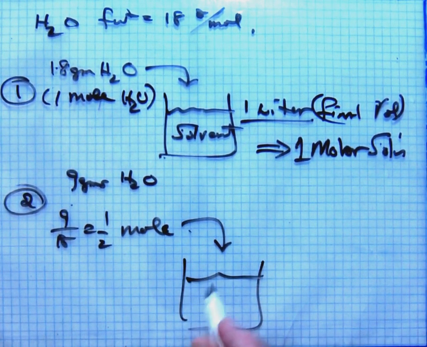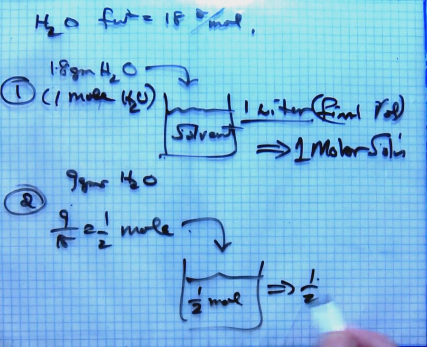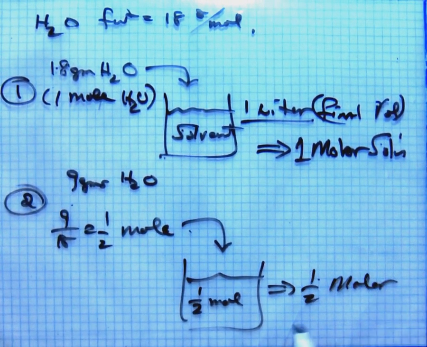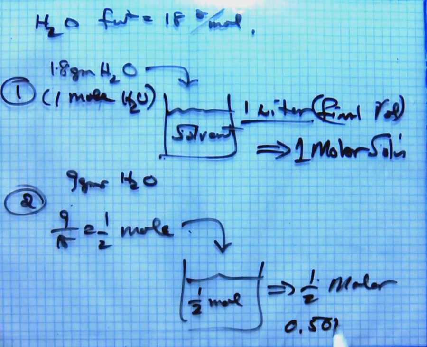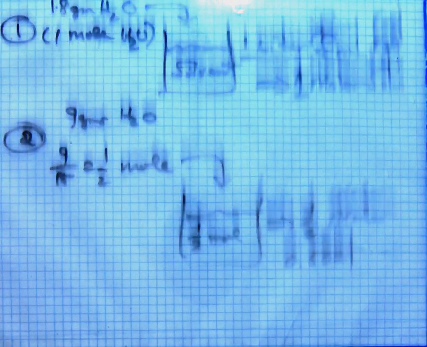So I have 1/2 mole of solute in here, and this is going to give me a 1/2 molar, usually represented 0.50 molar. So if I can convert the mass I put in there to moles, then I can take that and dissolve it up to 1 liter, and that's the molarity.